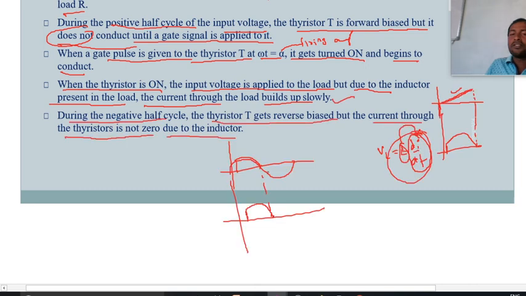Even though it is reverse biased, the inductor energy is not zero, so it will continuously conduct. It will release its energy up to a certain duration. That duration is nothing but beta, the extinction angle. So this is all about the inductive load, the RL load connected across the thyristor half wave rectifier.